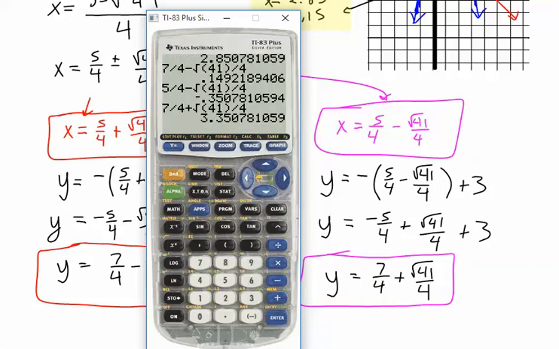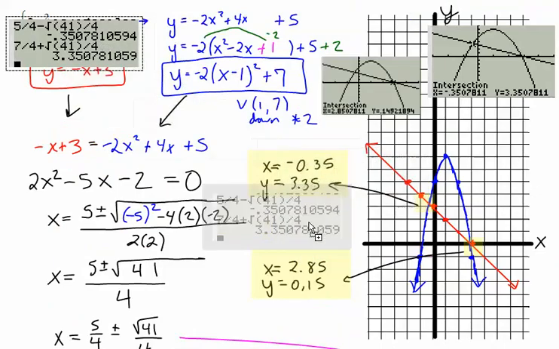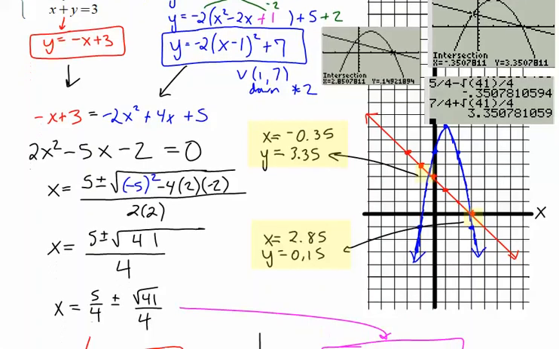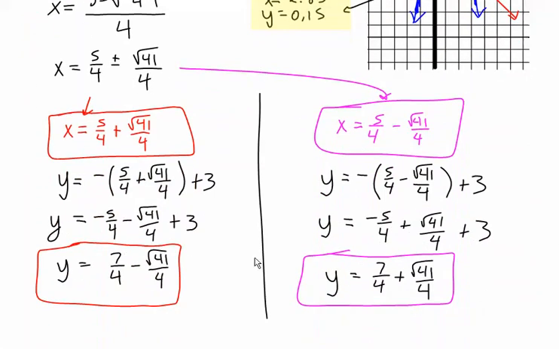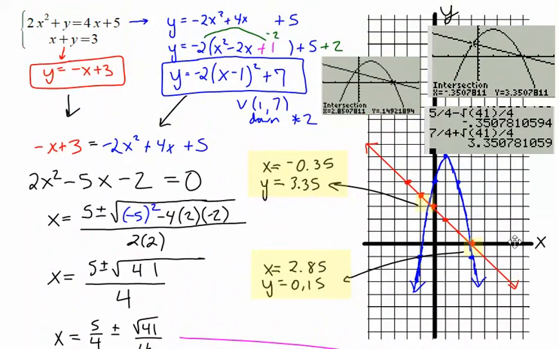And those are the two values for those, x and y. So let's see if they match up. Do they match up? Well, here's what we had earlier, negative 0.35, 3.35. It works! So this is how you could solve a quadratic system of equations for the exact simplified answers, or you can quickly solve on the calculator for the approximations.